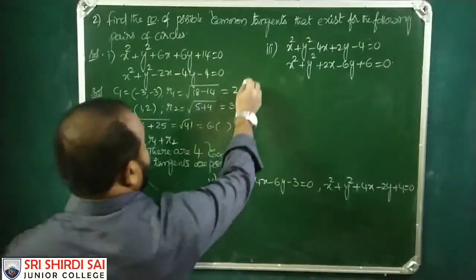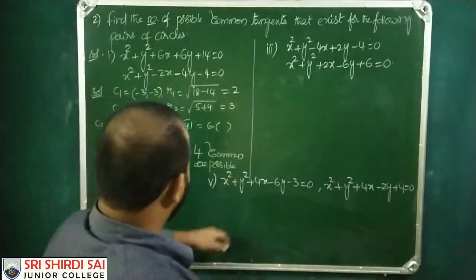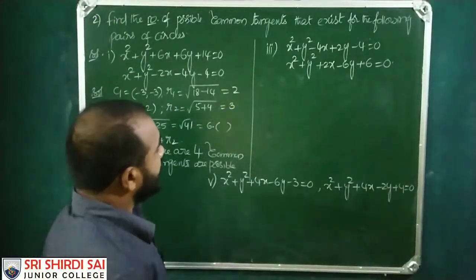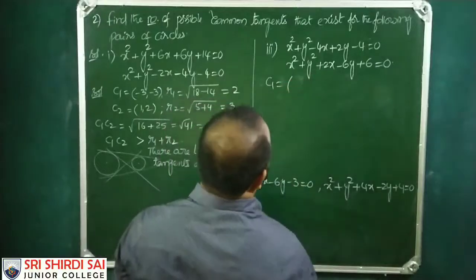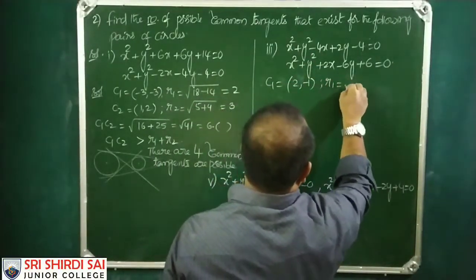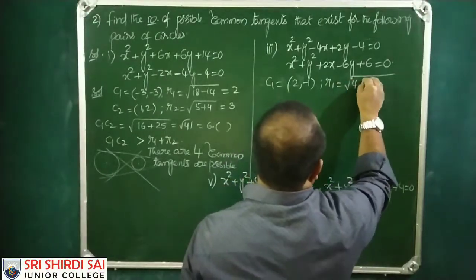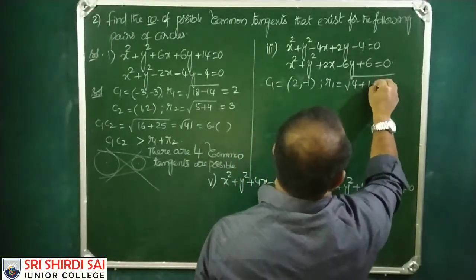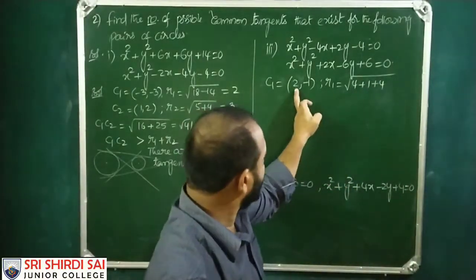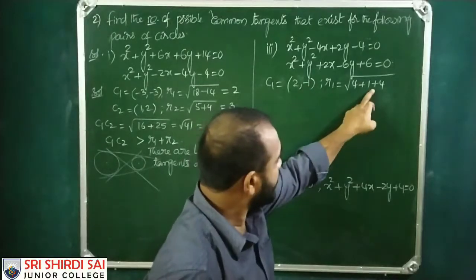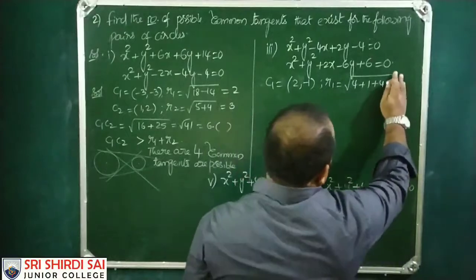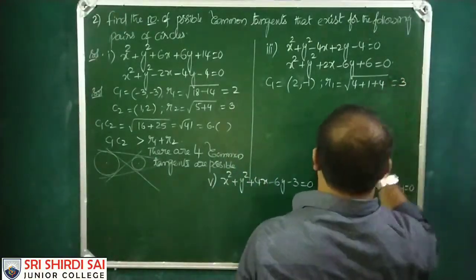So let us solve the next, third case of the same question. C1 is equal to (2, -1). Radius R1 is equal to the square root of g square plus f square minus c: 4 + 1 + 4, so this is root 9, which is 3.